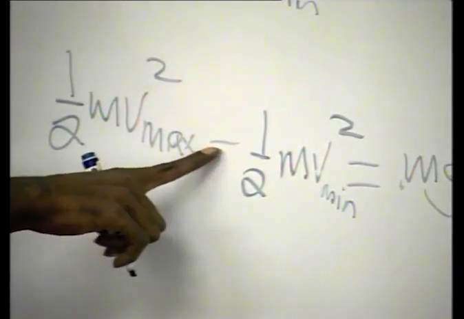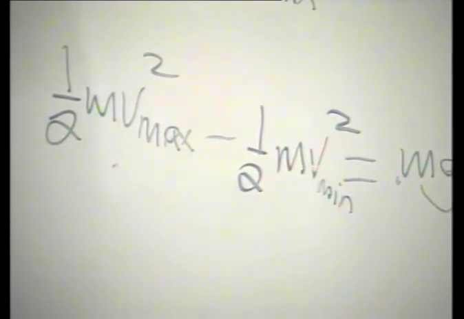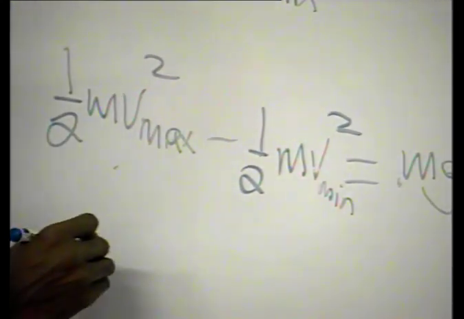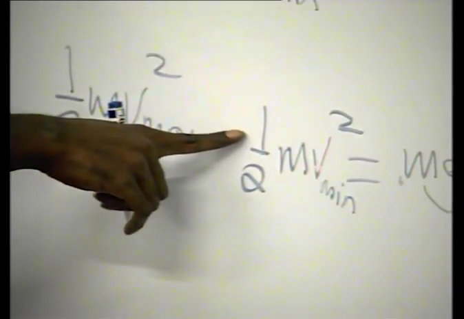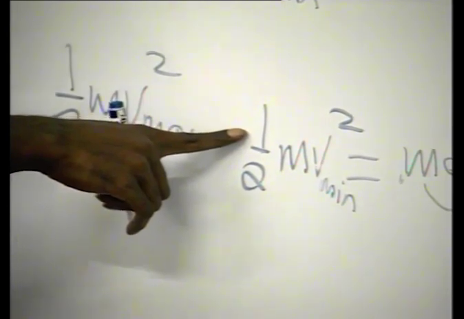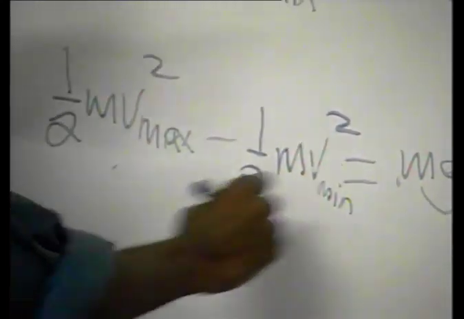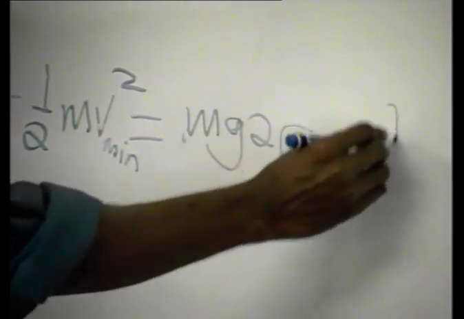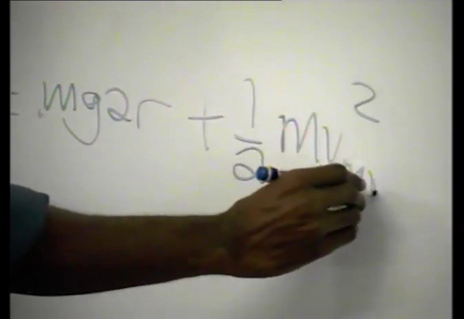All right, which one will we bring, this or that on this side? This one? It'll be maximum. But then we have this one as minus half. Are we going to bring this one to that side? If we have to bring this one over here, then it will be plus half m v square minimum.